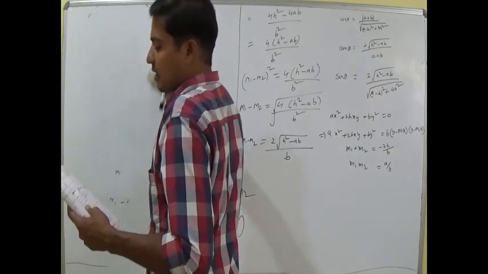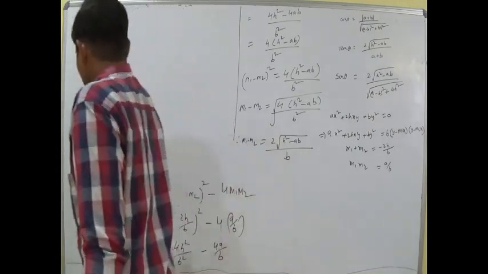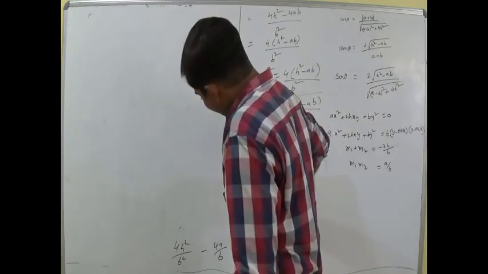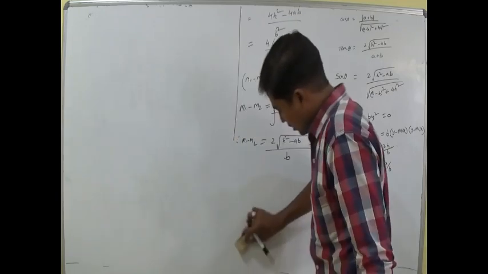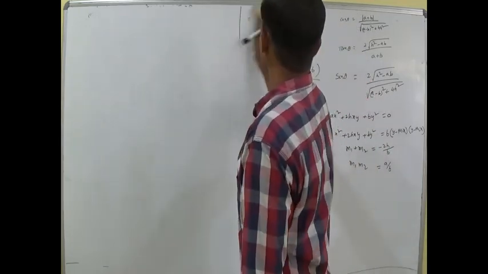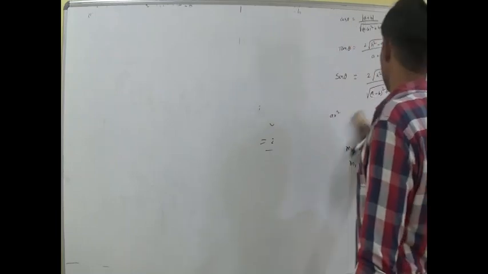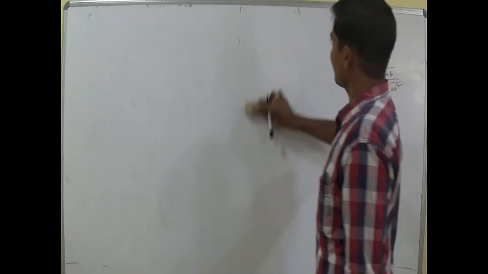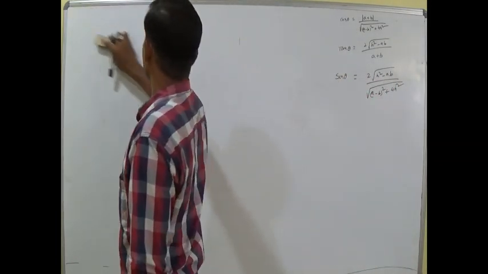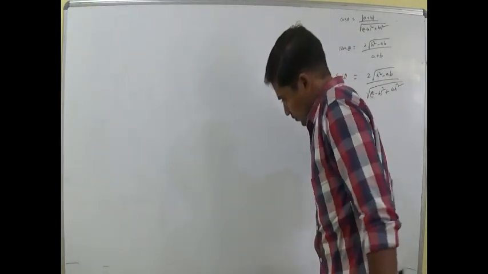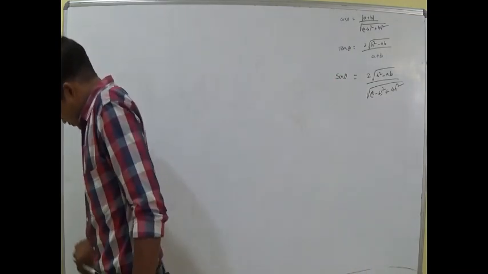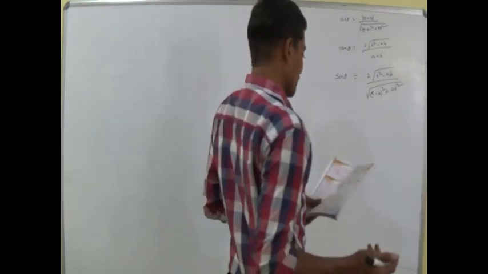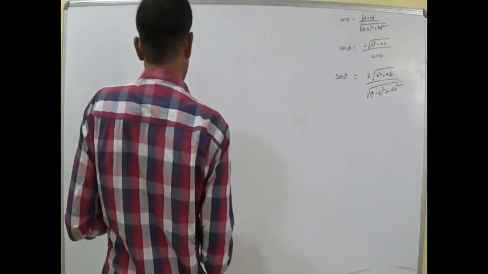Then find the value of c. The sum of the slopes equals 4 times their product.